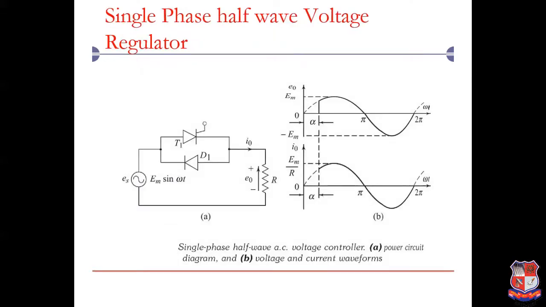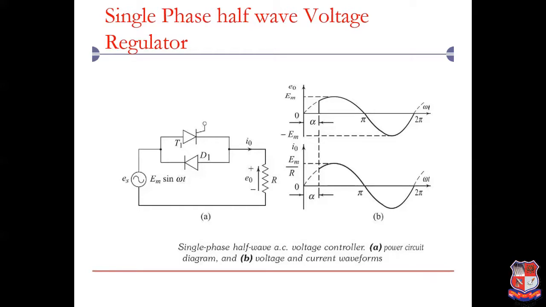Let's discuss a single phase half wave voltage regulator. This circuit is also used to explain the principle of phase control. In this case, the AC voltage source is connected to the resistive load through a thyristor and a diode connected antiparallel to each other, in which thyristor T1 conducts during positive cycle and diode D1 conducts during negative cycle.